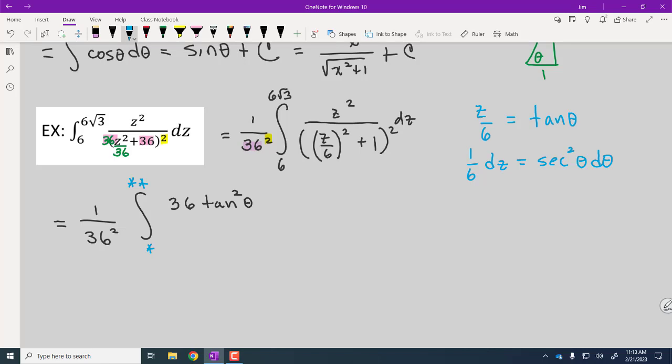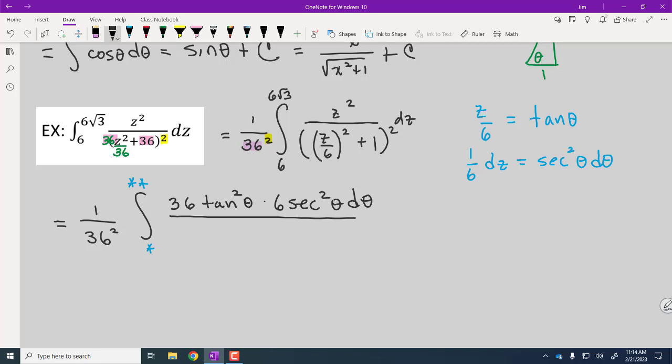How do we rewrite the dz? Times 6. So we're going to go over there, solve for dz, isolate the dz, so we multiply both sides by 6. Now we go to the denominator. Tan is going to replace the z over 6.